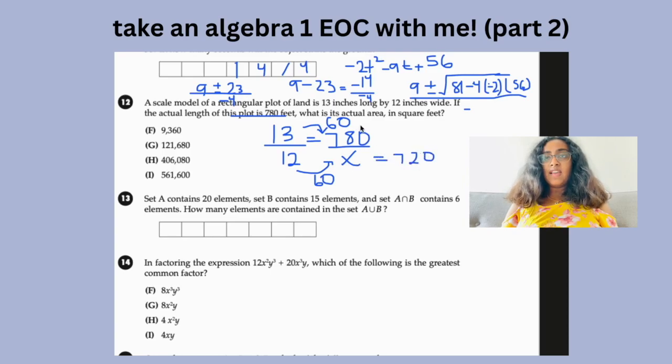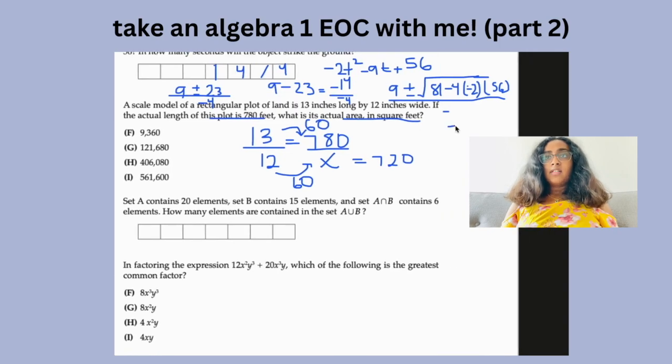But hold up, we're not done. It wants us to find the actual area, which is 780 times 720. What we can do here is literally just multiply 78 times 72 and then add 2 zeros to the end.